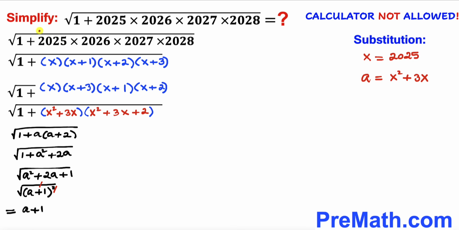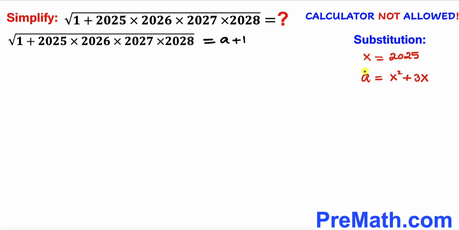In other words, this whole radical expression, now we can write as a plus 1, as you can see over here. Now let's make an observation. We know lowercase a equals x squared plus 3x. So I'm going to replace this lowercase a with x squared plus 3x over here, as you can see in this next step. I have replaced a with x squared plus 3x over here.